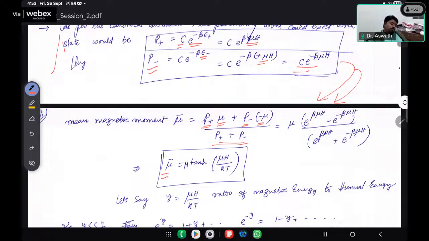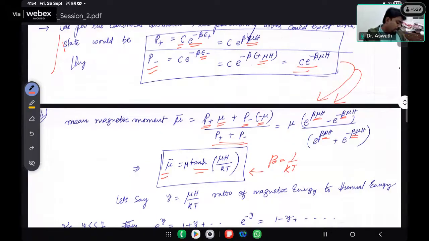In fact, there are exponentials involved without any complex number. So it will become a hyperbolic, tan hyperbolic function. You can take mu common and write mean magnetic moment as tanh of mu H divided by kT, where beta is written in terms of k into T, Boltzmann constant multiplied by temperature, in an inverse fashion.